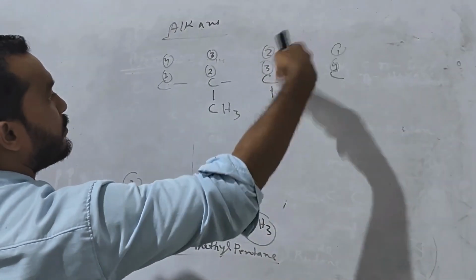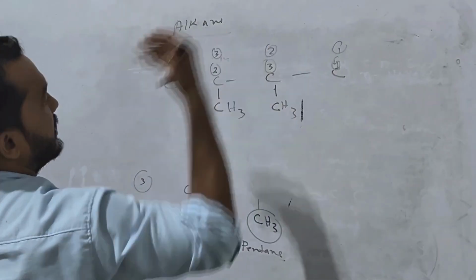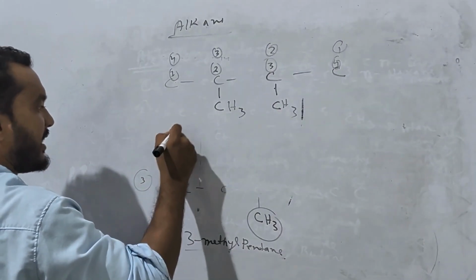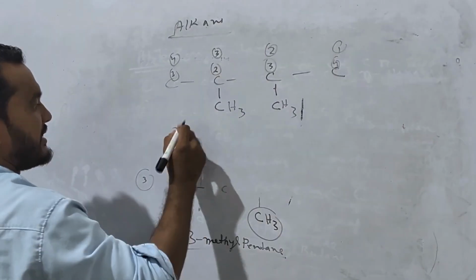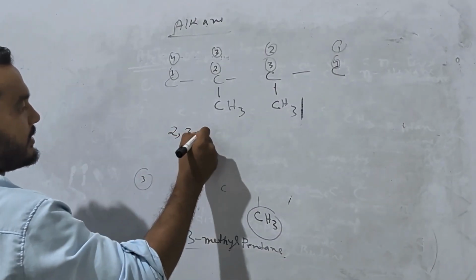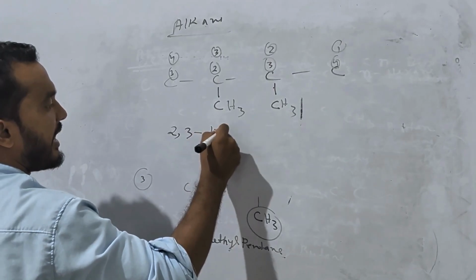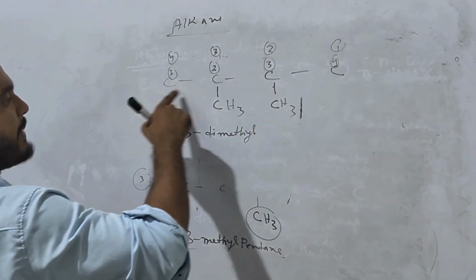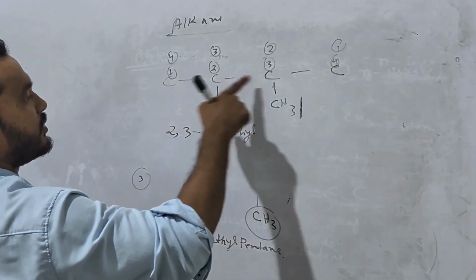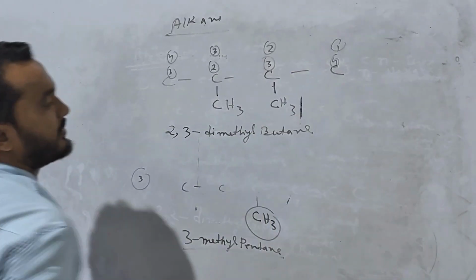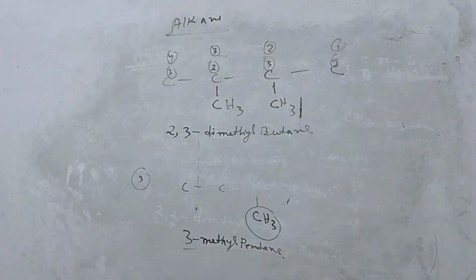If you count from right to left, it also falls under 2, 3. That means here are 2 methyls. One methyl is at second position, another methyl is at third position. So 2,3. Since there are 2 methyls, dimethyl. In the parent chain, how many carbons are there? 1, 2, 3, 4. So butane.